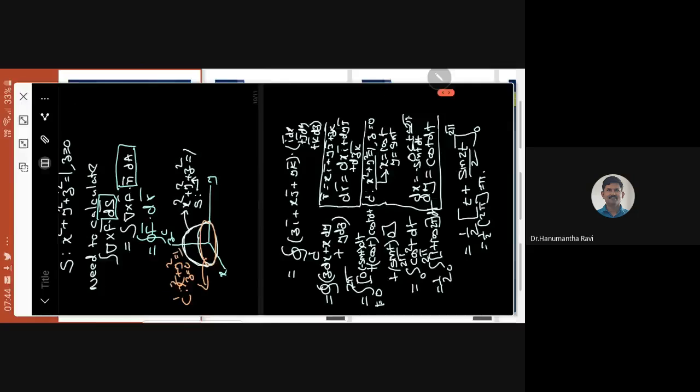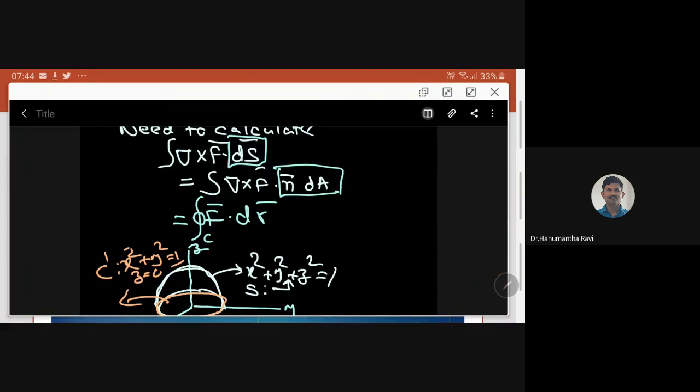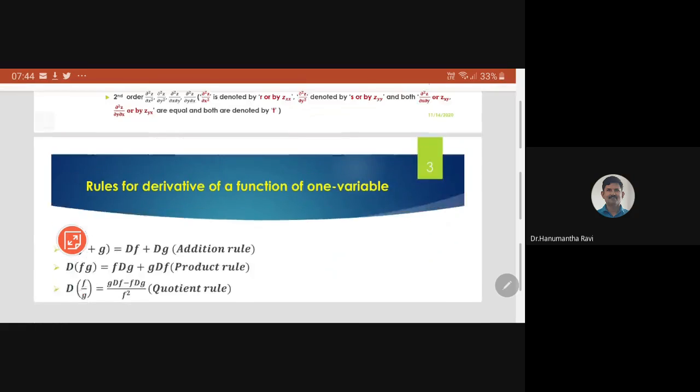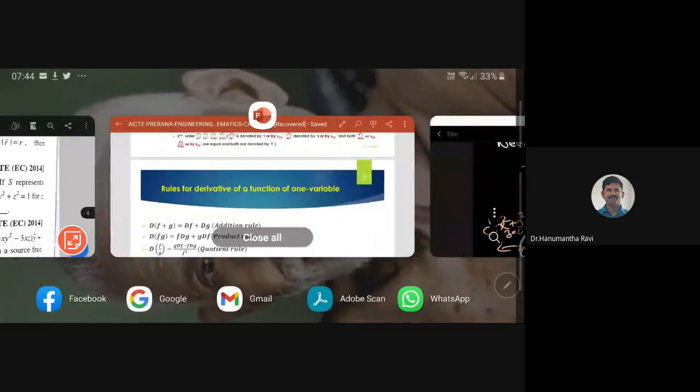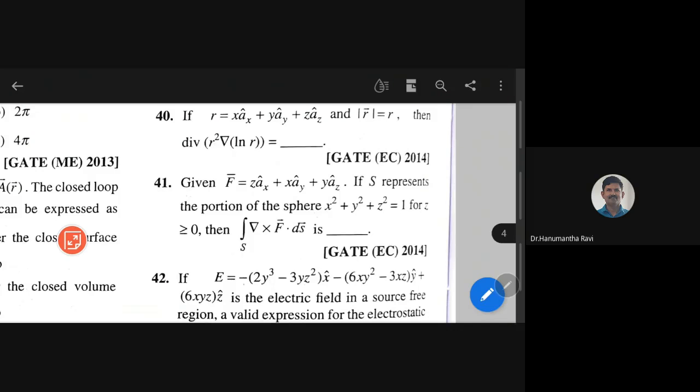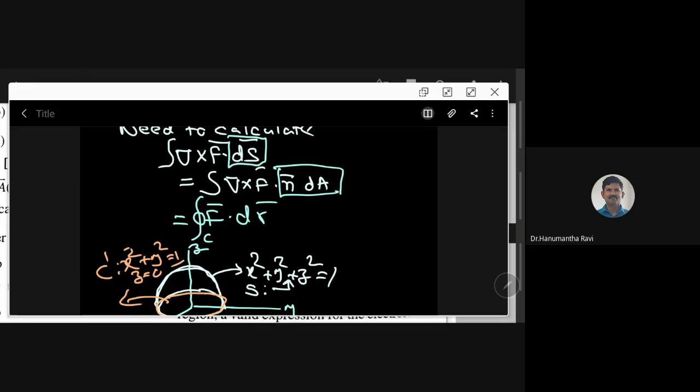We are asked to compute the curl of f bar dot ds bar. We applied Stokes theorem here. We are not doing that directly; see how surface integrals can be simply reduced to a line integral. That line integral we have done here. That conversion we have done here.